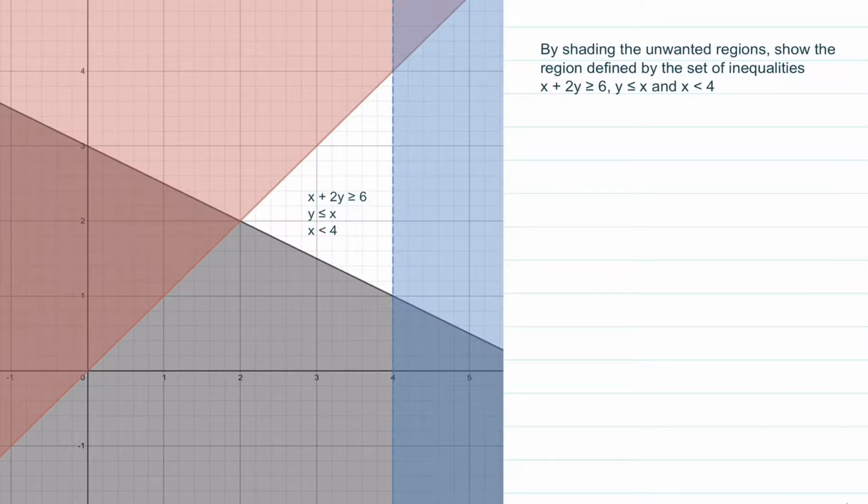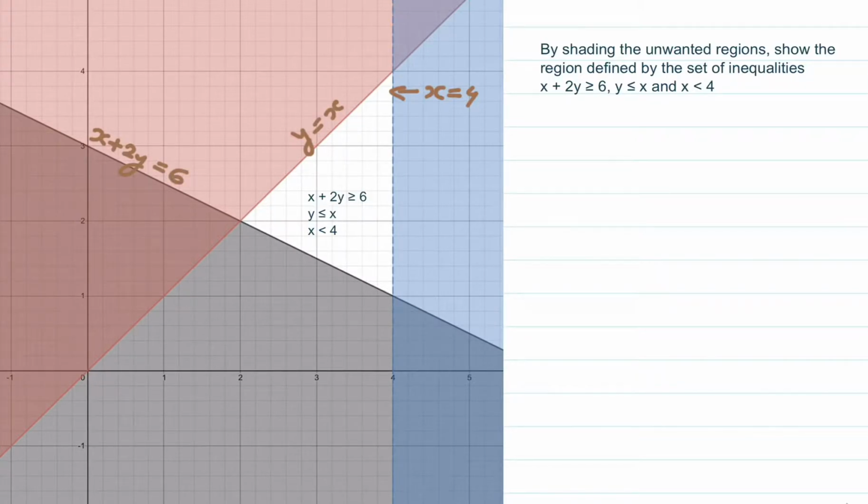So this line is x equal to 4. This line is y is equal to x, and this line is x plus 2y is equal to 6.